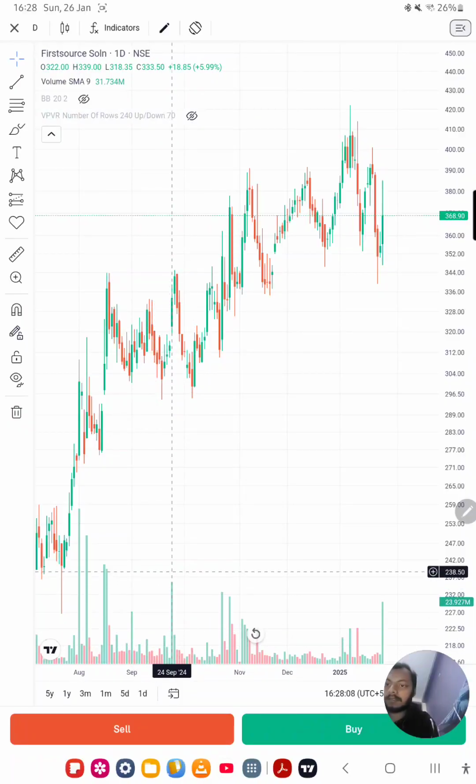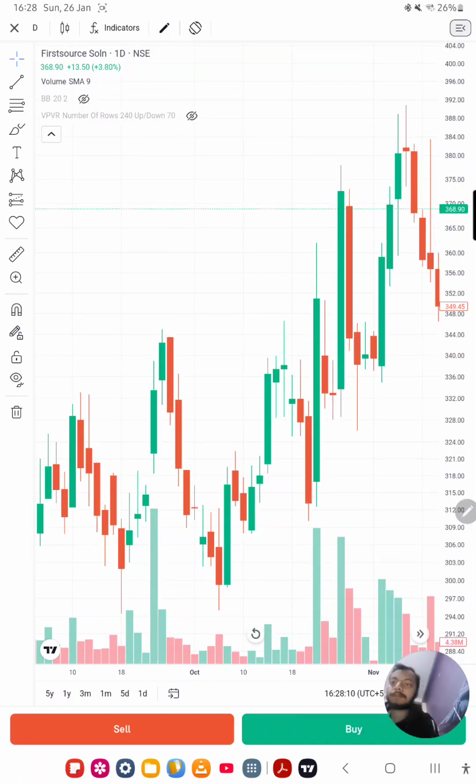Let me zoom in a bit. This green volume was at 20. It is a daily chart, so it was on 24th September, then 25th, 26th, 27th September. So these volumes are with respect to time and not to the price.